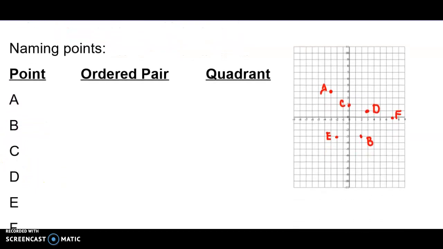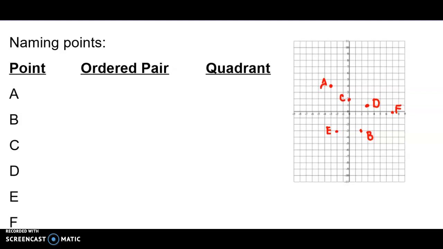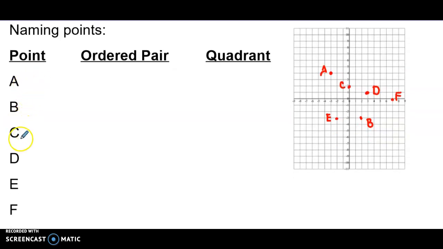Next, we are going to name points on our coordinate plane. Okay, so we have points A, B, C, D, E, and F. I have my coordinate plane labeled with the points. So again, let's figure out what quadrant our points are in. If we were to draw C, right?